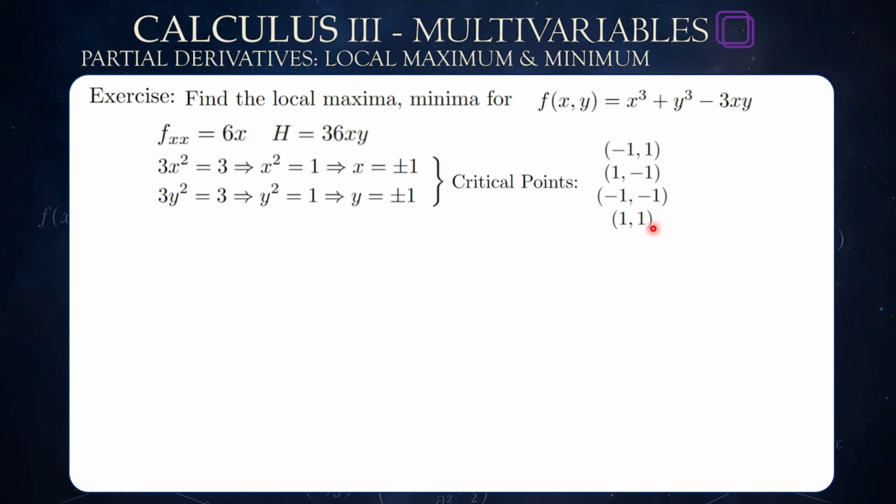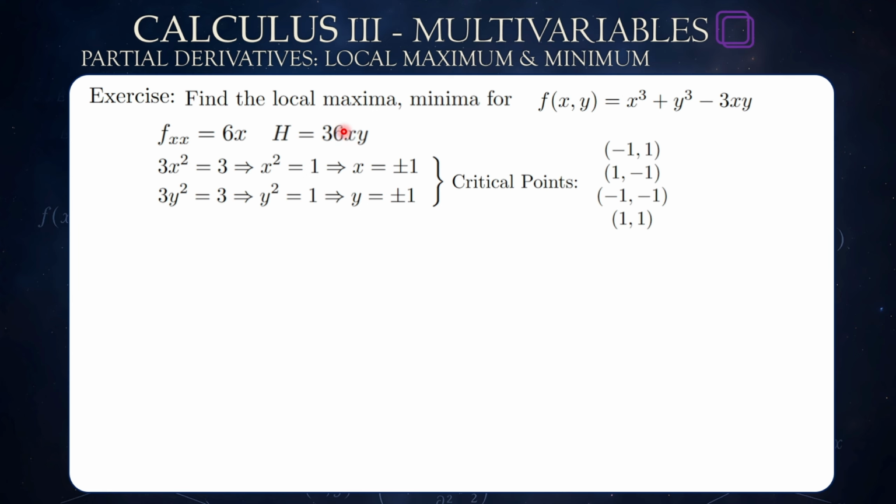These are all the critical points possible. We need to check for these points what's happening to the curve. Each critical point is a case of its own. In order to solve it, you place x and y of that critical point within the discriminant and within fxx.